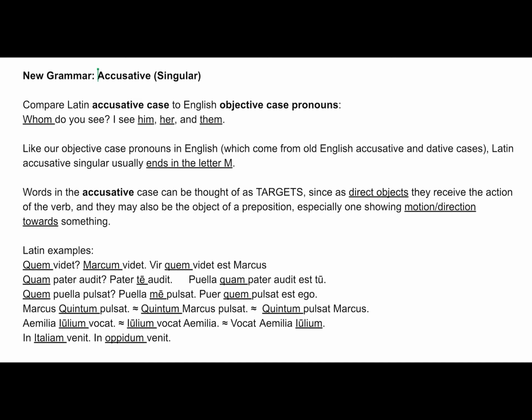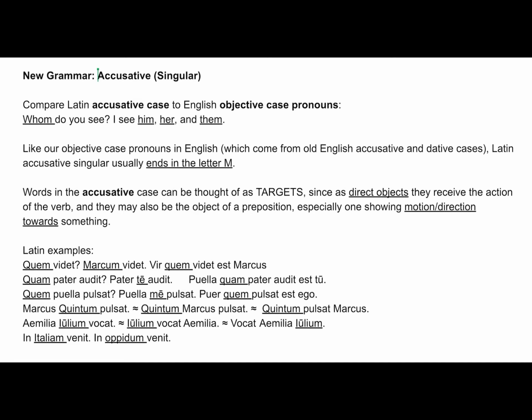All right, and then finally, in Italiam venit, he or she comes into Italy. In oppidum venit, he or she comes into town. Now notice both of those there. You have the accusatives not as a direct object, but as the object of the preposition in. And here in means not in, on, or at, but rather into.